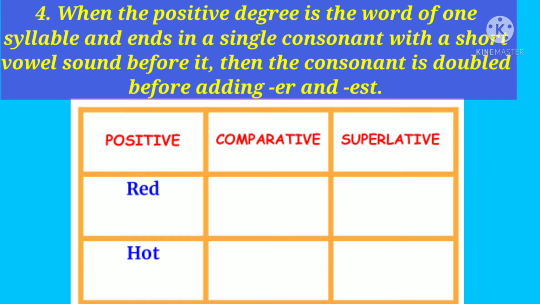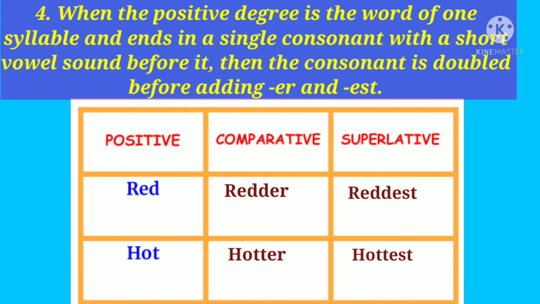So the comparative degree of the adjective red will be redder, and the superlative degree will be reddest. In the same way, the comparative degree of the adjective hot will be hotter, and the superlative degree will be hottest.